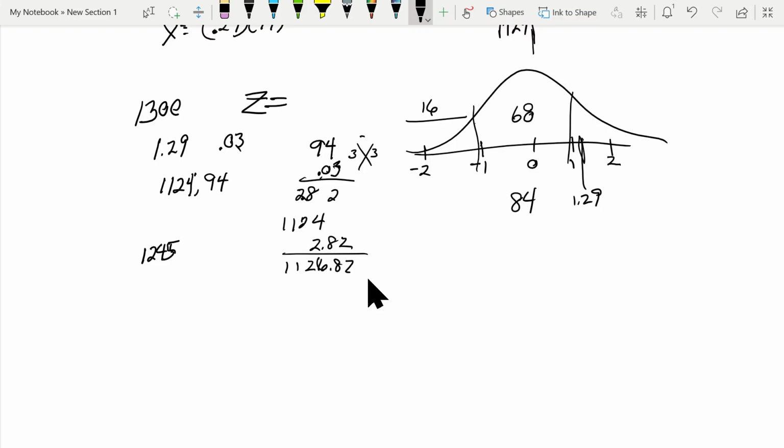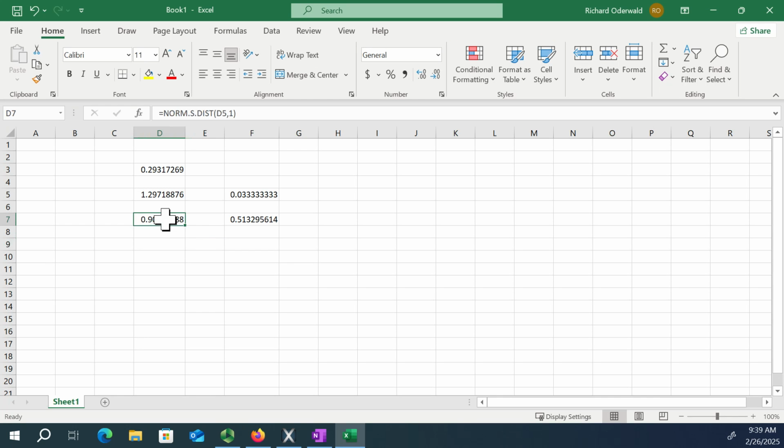And if you look up these adjusted scores, 1245 and 1126, to find what the percentile is, it's going to be the same percentile that we had before in each one. The higher one's going to be in the 90th percentile, the lower one's going to be in the 51st.